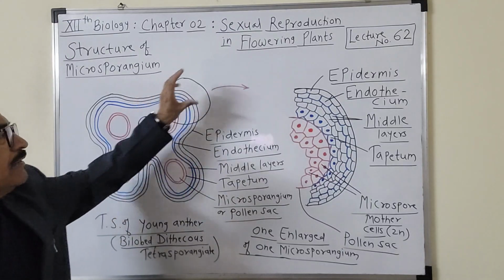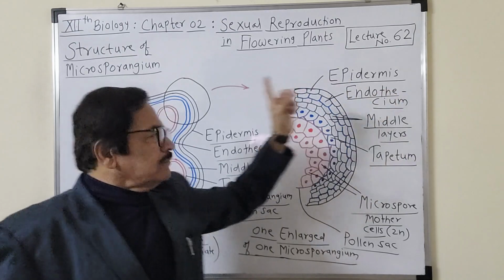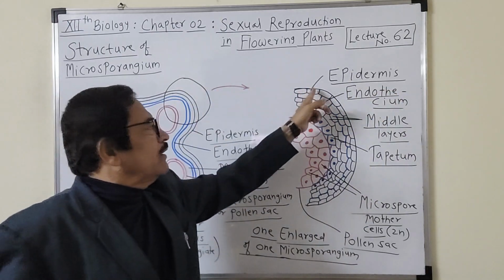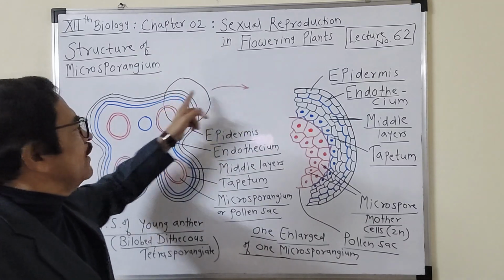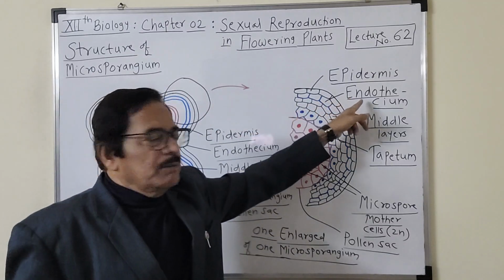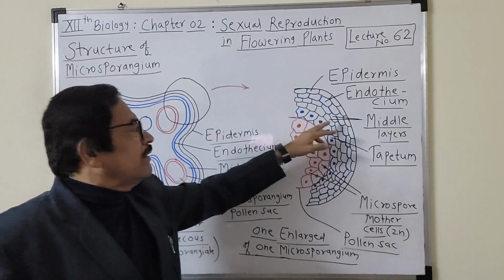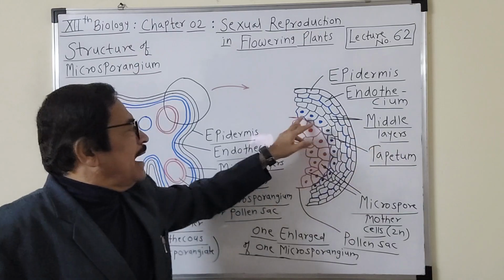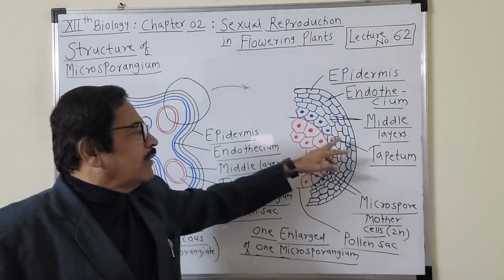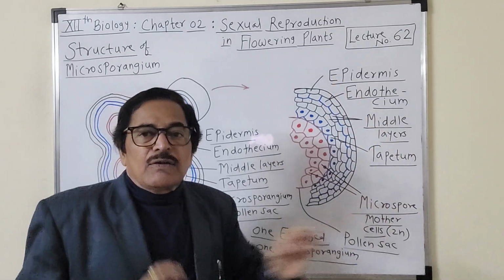The same layers are shown when we enlarge it here. The outermost layer I have drawn is called the epidermis. Then inner to that I have drawn the endothecium, this blue one. Then these black layers I have shown are called the middle layers. There are 2-3 of them. And then again the blue layer I have shown is called the tapetum. So 4 layers are here also. They are very important.